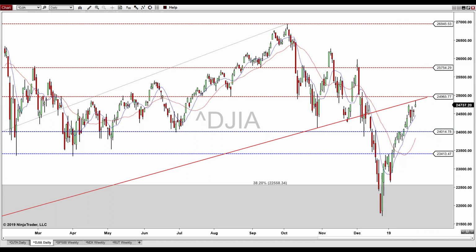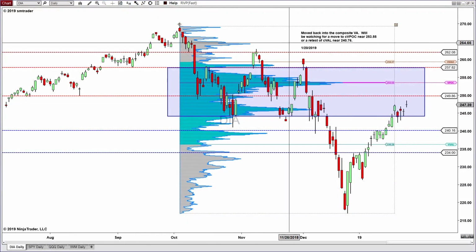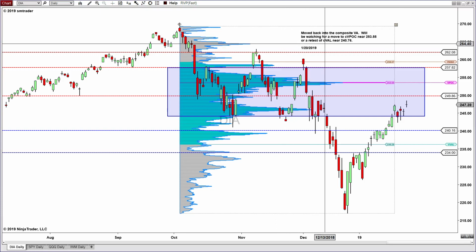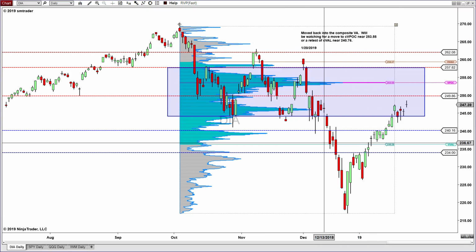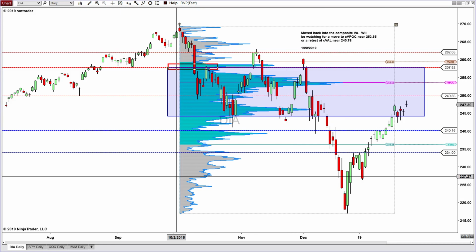And if we switch over and look at the Diamond, the ETF for the Dow Jones Industrial, as you can see from my last week's note here, I was basically saying that it came back into this value area here. This blue area is the value area of the aqua, from the volume profile.